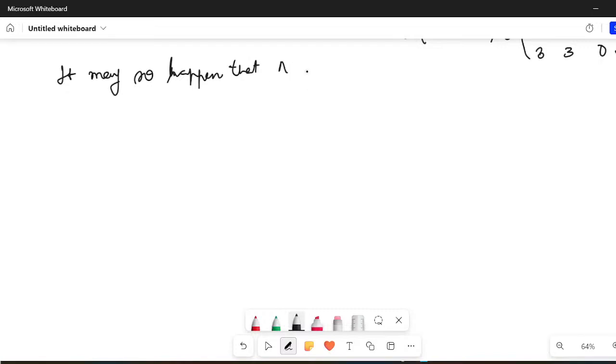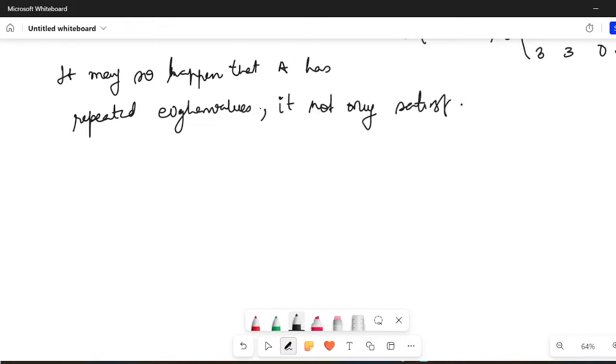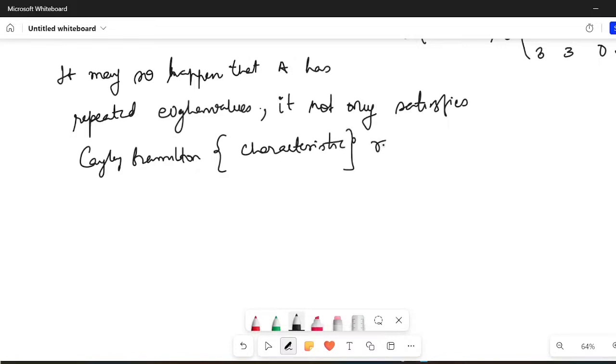It may so happen that A has repeated eigenvalues, and it not only satisfies the Cayley-Hamilton theorem, or you can say it not only satisfies the characteristic equation, rather it also satisfies a polynomial of a lower degree.